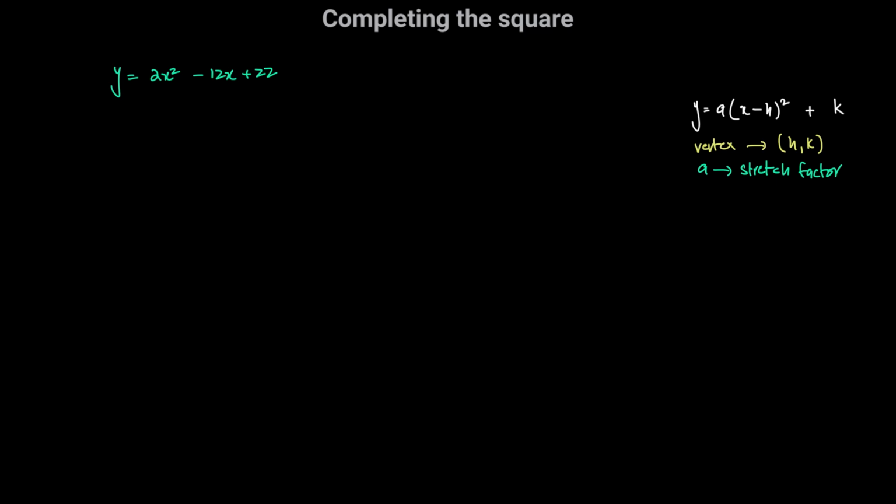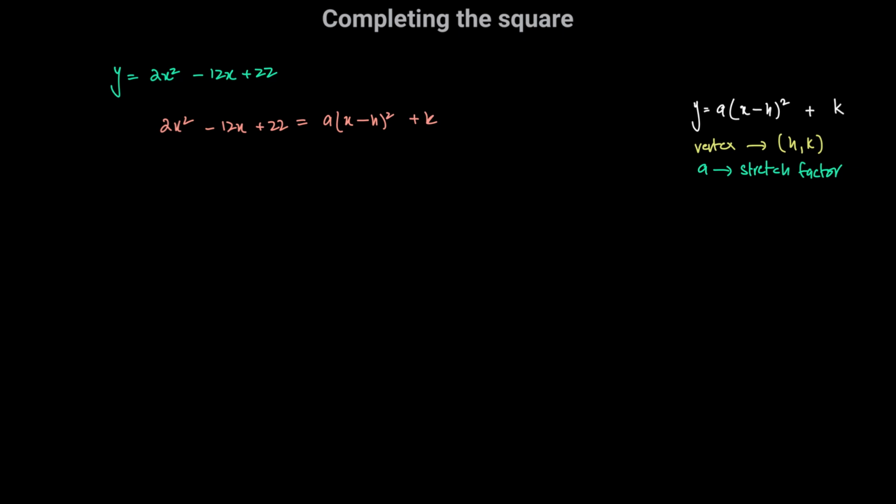So one way to do that is just by equating these two expressions. So if I have 2x squared minus 12x plus 22 is equal to a times (x minus h) the whole thing squared plus k. Again, since we simply want to write this equation in this form, we can equate these two and find the values of a, h, and k by comparing the coefficients.